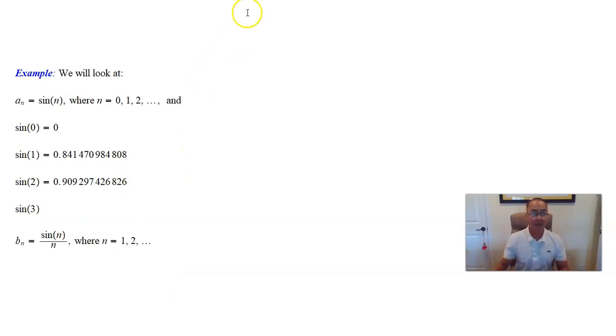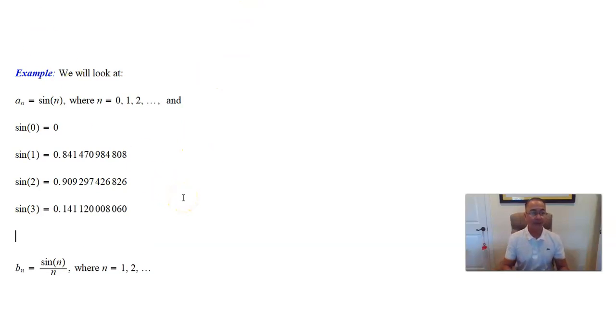Still in the second quadrant, so we're going to get 0.14. And now sine of 4 radians, we've gone past pi. We're now in the third quadrant, so that's negative. Okay, so something weird is going on here. Let's go to GeoGebra and we'll come back to talk about the second sequence.